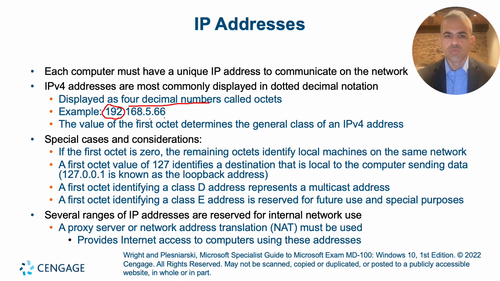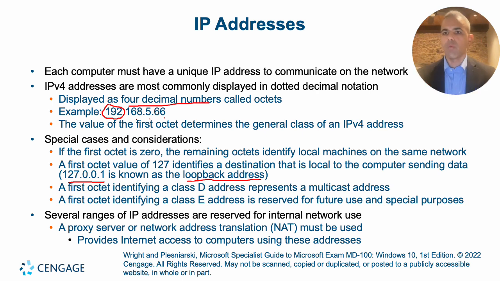If it starts with 127, that's called a loopback address. A loopback address is basically you're sending a signal, but it comes right back to you, and we use it to test the individual networking components of that system.